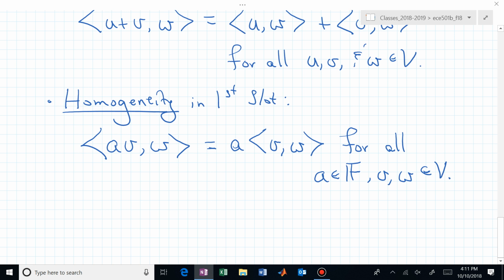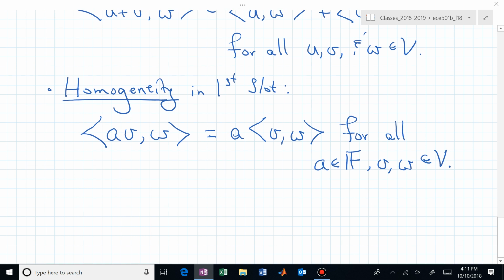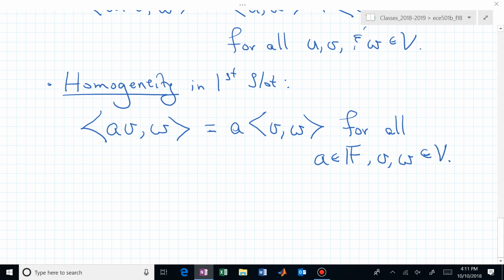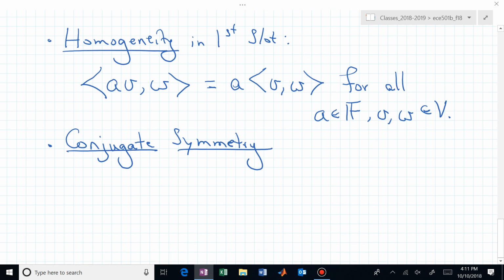Finally, we want this last property, which is conjugate symmetry. So now we want there to be symmetry in the inner product, but because the vectors could be defined over the complex field, we need to worry about the imaginary components of these quantities.